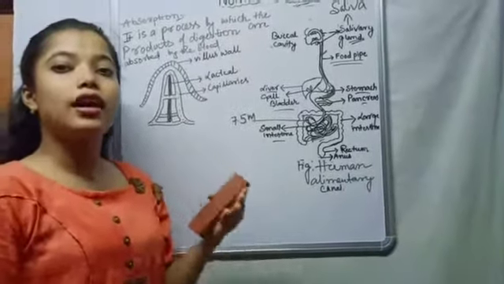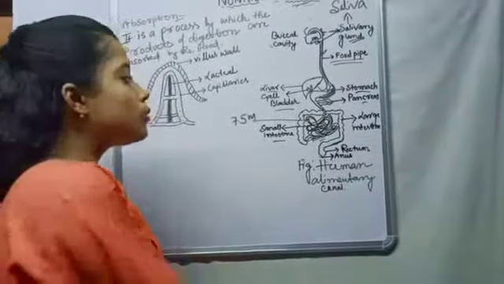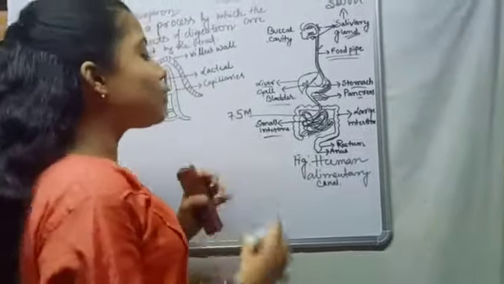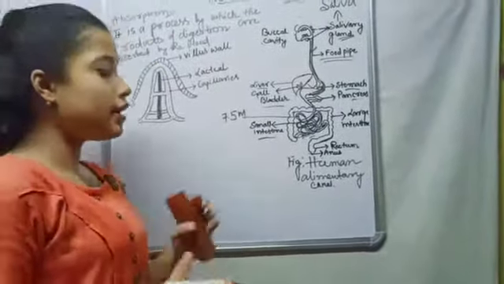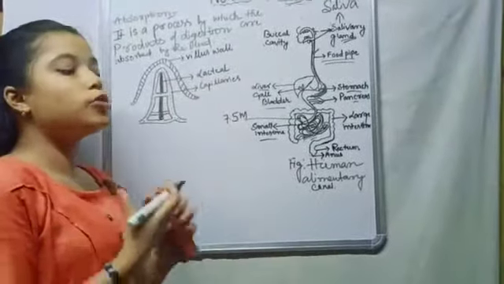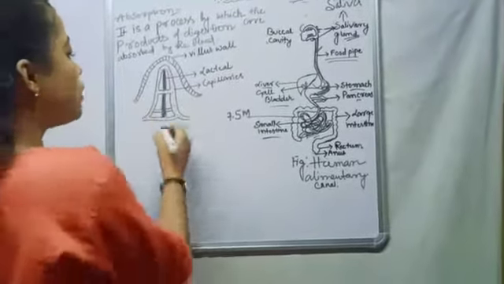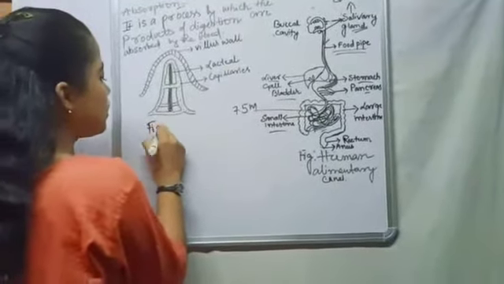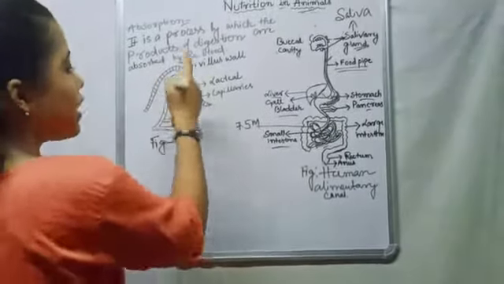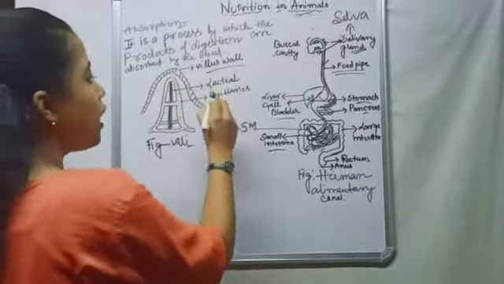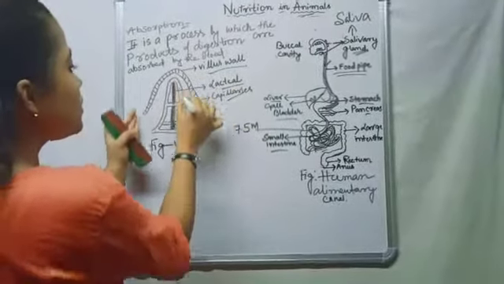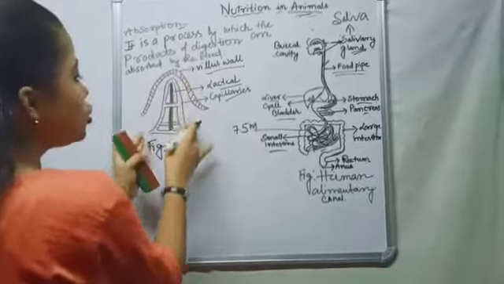Now, what is villi? Villi are the finger-like outgrowths found in the small intestine. What villi does is it actually creates space for the absorption process. Now villi generally look like this figure, which includes a villus wall and lacteal capillaries, and as you can see, it is a finger-like shape.